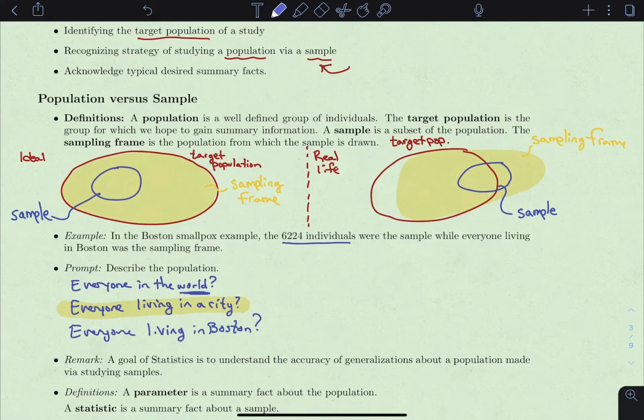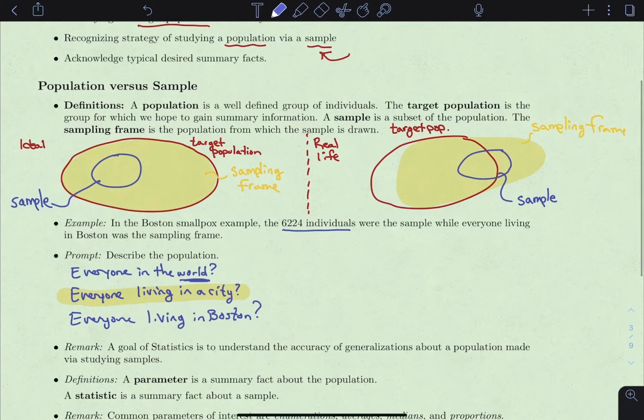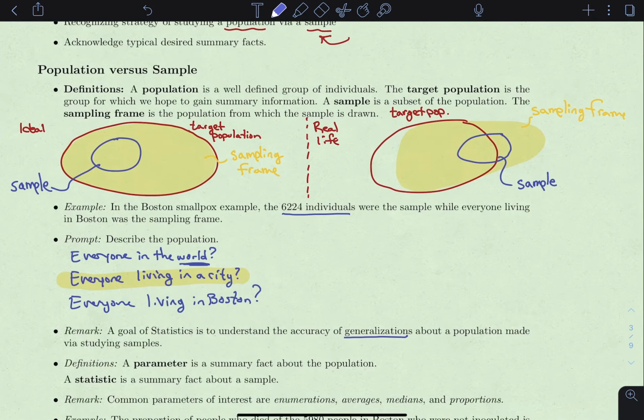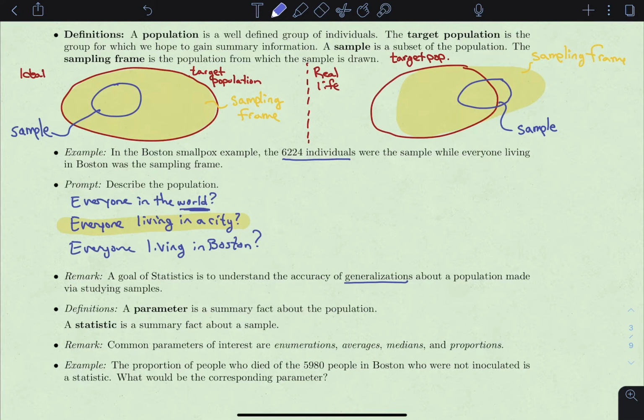Okay, let's move on. A goal of statistics is to understand the accuracy of generalizing about a population made via studying samples, right? So this is in line with what we're saying here. How do we generalize the results that we get from our sample? Some more vocabulary. The parameter is the summary fact about the population. So that's in comparison to the statistic, which is the summary fact about the sample.